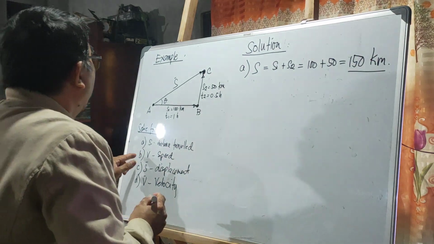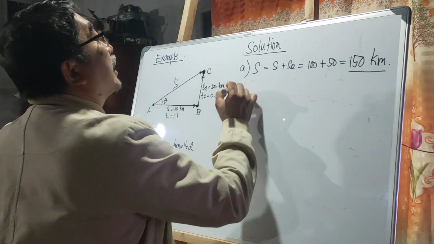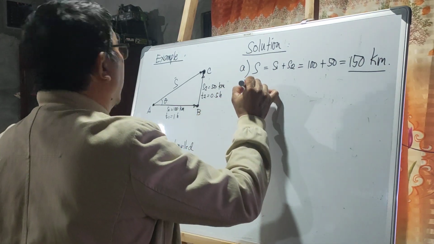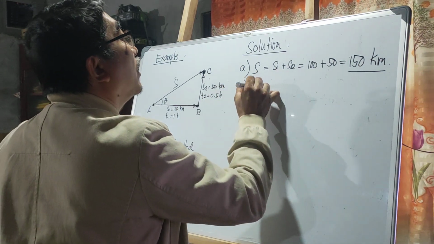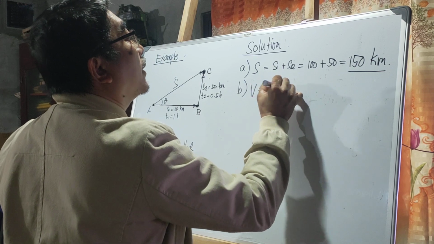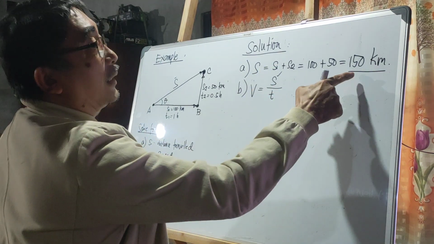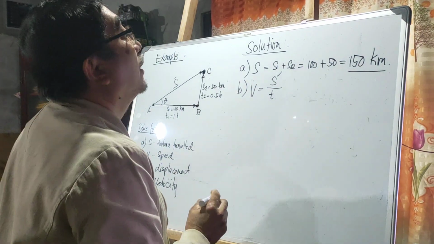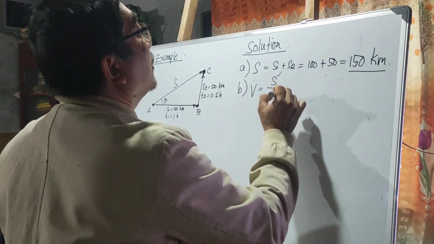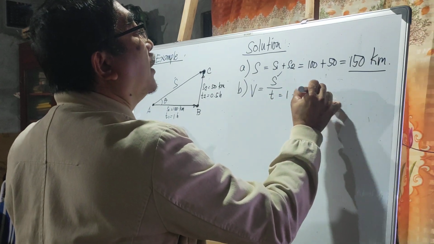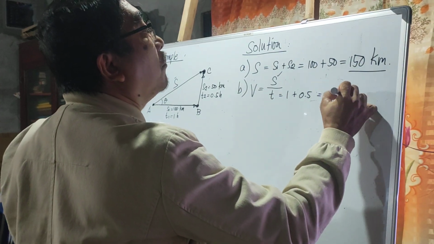Now, ang susunod na hinihingi sa atin ay speed. V is equals to S over time. So, meron na tayong value ng S. That is 150 kilometers. Okay? At ang time naman is simply 1 plus 0.5, and this is equivalent to 1.5 hours.